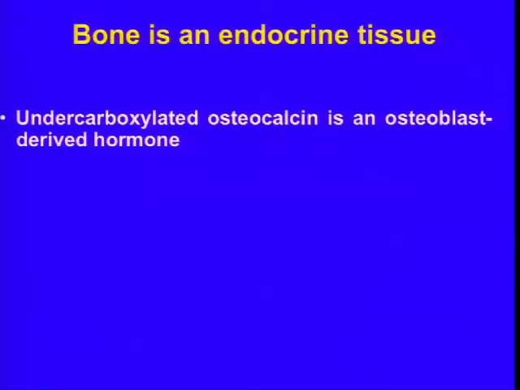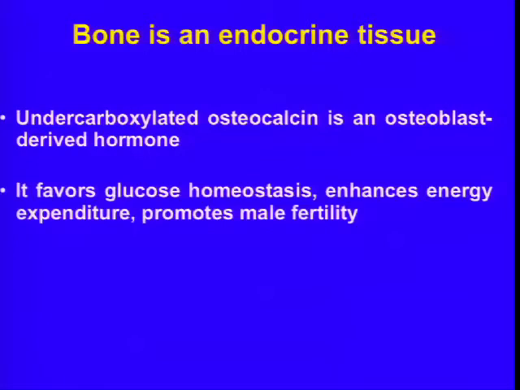The undercarboxylated form of osteocalcin is secreted, is an osteoblast-derived hormone that has many good functions. It increases beta cell proliferation, it increases insulin expression and secretion, insulin sensitivity, and energy expenditure. So as a whole, it favors glucose homeostasis and promotes energy metabolism.